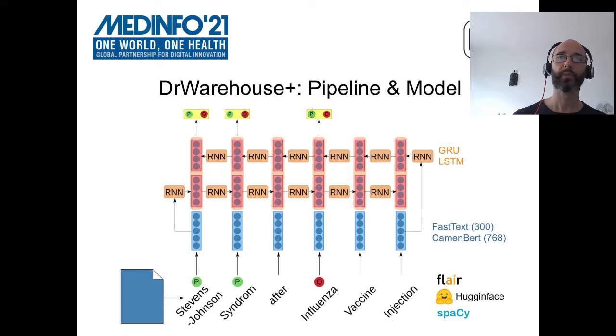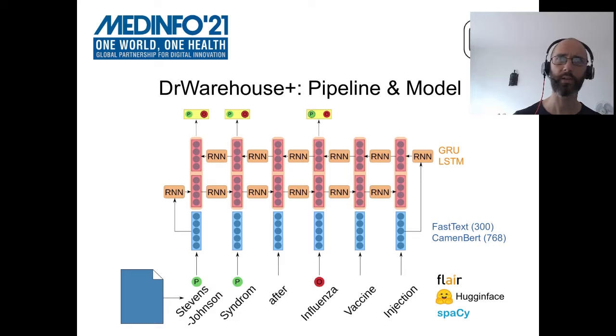And then these representations are fed to our deep learning model, which is a bi-directional recurrent neural network with cells that can be either gated recurrent units or long short-term memory units. And then at each step of the phrase, at each token, we do a prediction about the label of the token.